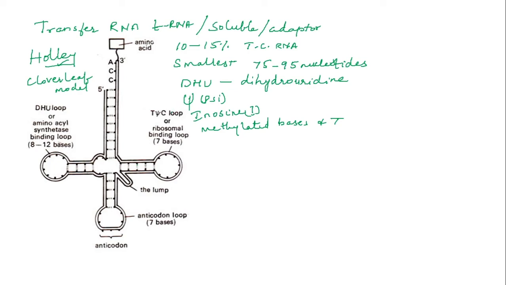According to him, a single polynucleotide chain is folded backwards on itself and results in the closeness of the 5' and 3' ends, because the single strand which was like this got folded, which resulted in the coming together of the 3' and 5' ends.